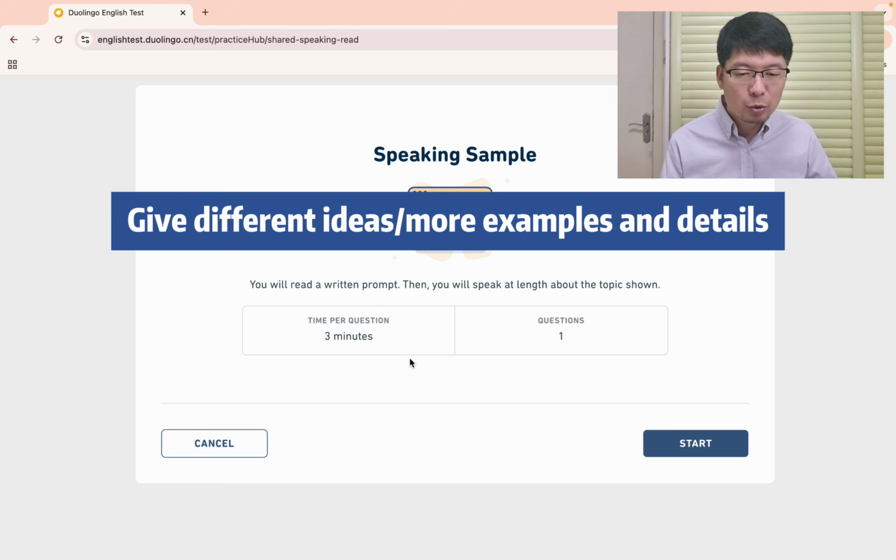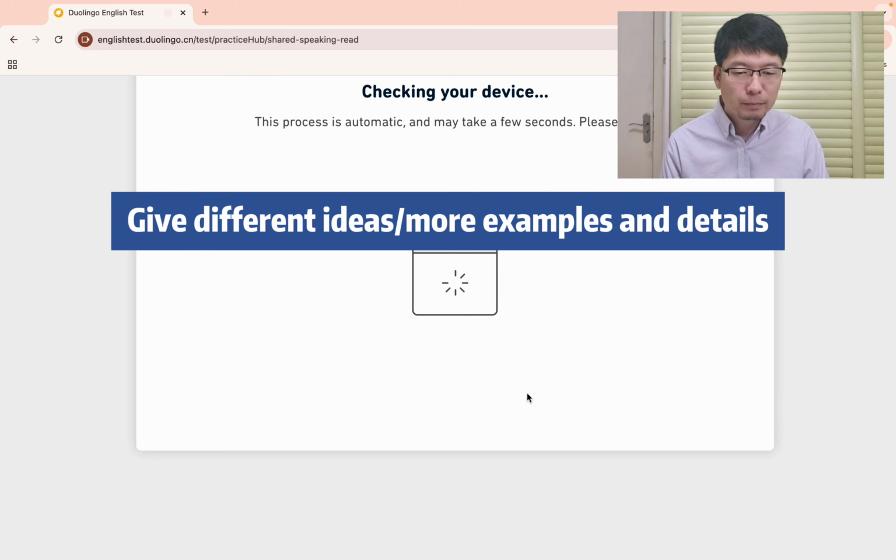Then you can try to use some examples and give more details or discussions to extend your answer. Okay, so actually the principle is the same with other speaking questions, but here you need to give longer answers and use more details. Okay, so let's get started.